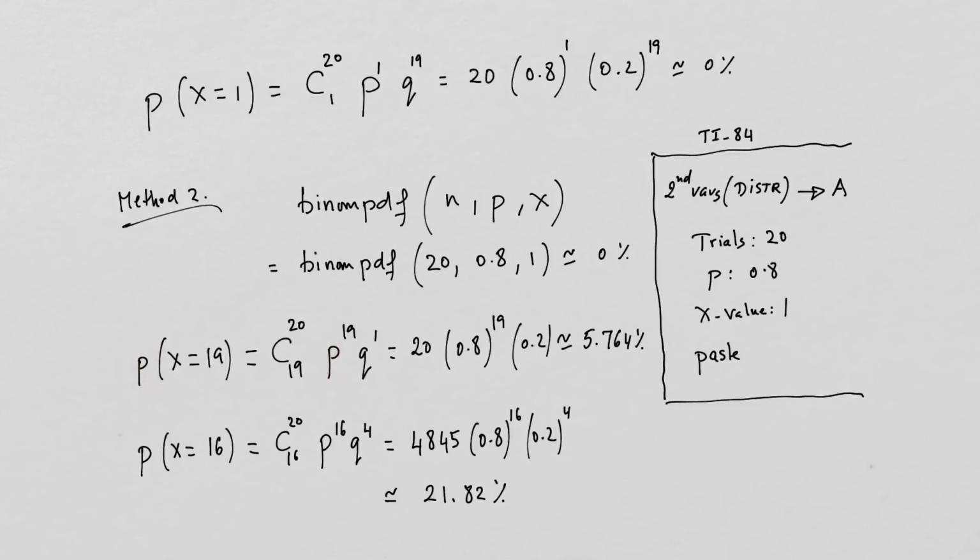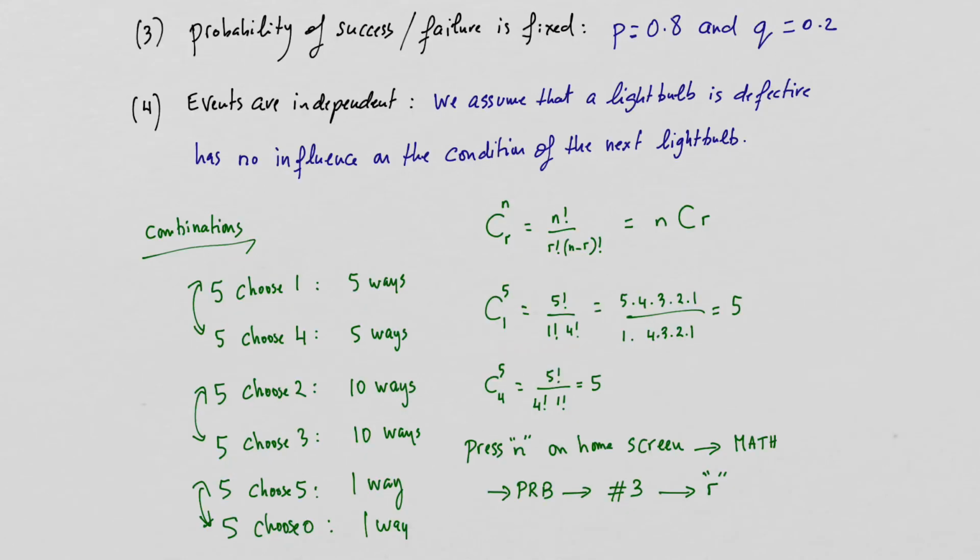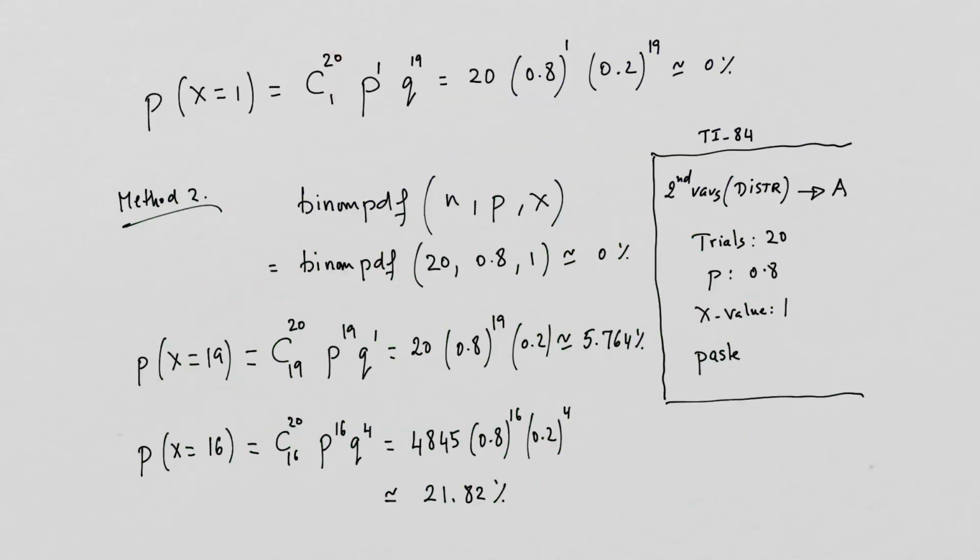We have 0.8 to the power of 19 good ones and 0.2 to the power of 1 bad one. Now, 20 choose 19, you could definitely use the calculator or do this, but you already know the answer through the tricks that I showed you. If you know how to choose 1 out of 20, you already know how to choose 19 out of 20. So it's the same answer, 20. Okay? And I got about 5.7% or 5.764%.